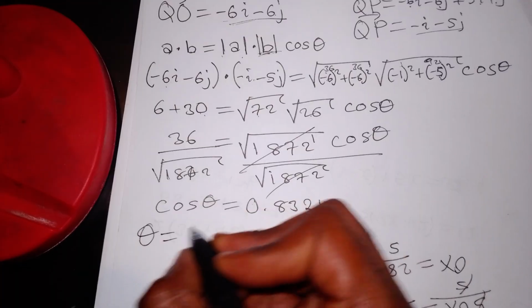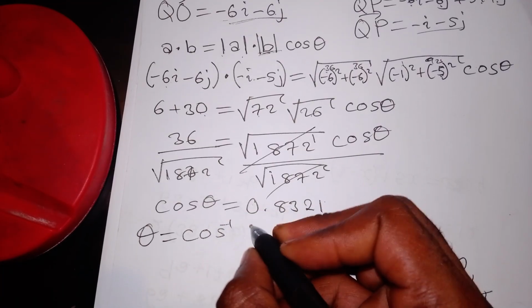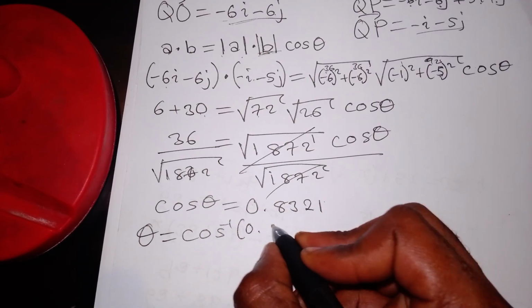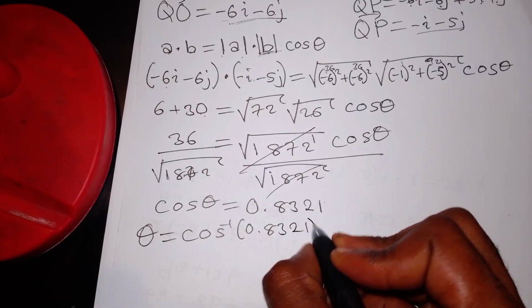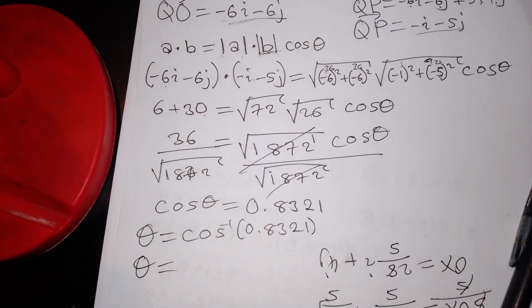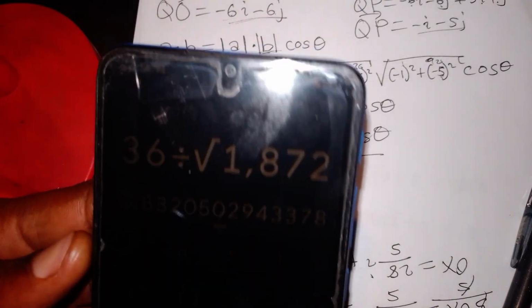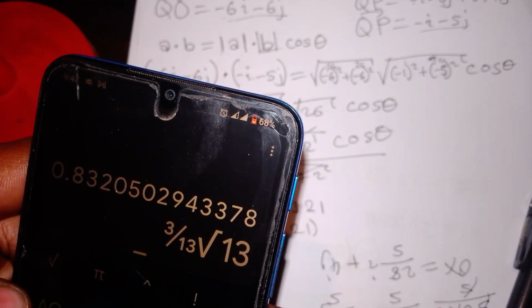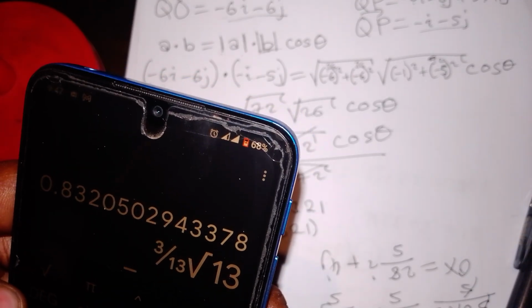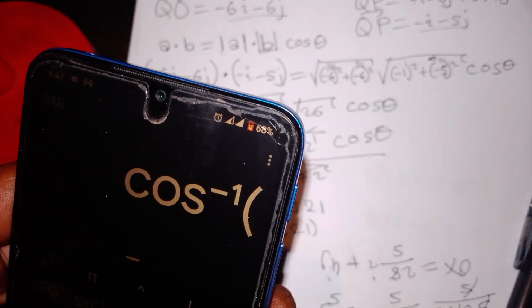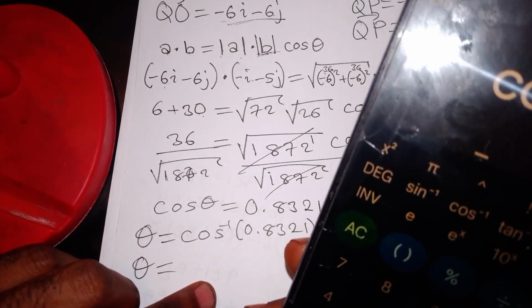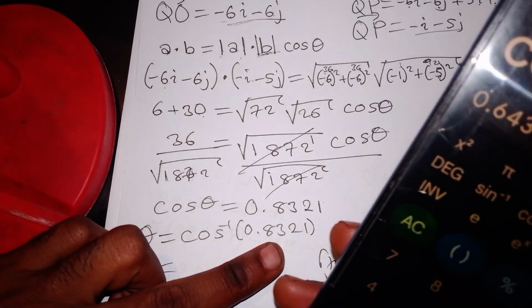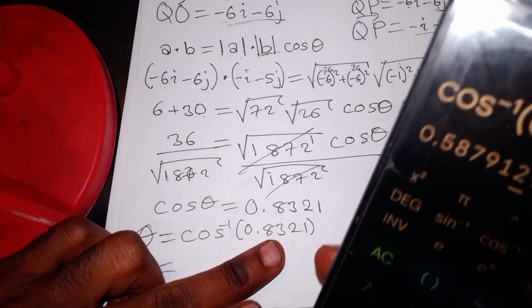And then your theta would therefore be the arc cosine or the cos inverse of this. So let's see. So this is that, and then we can say inverse cos 0.8321.